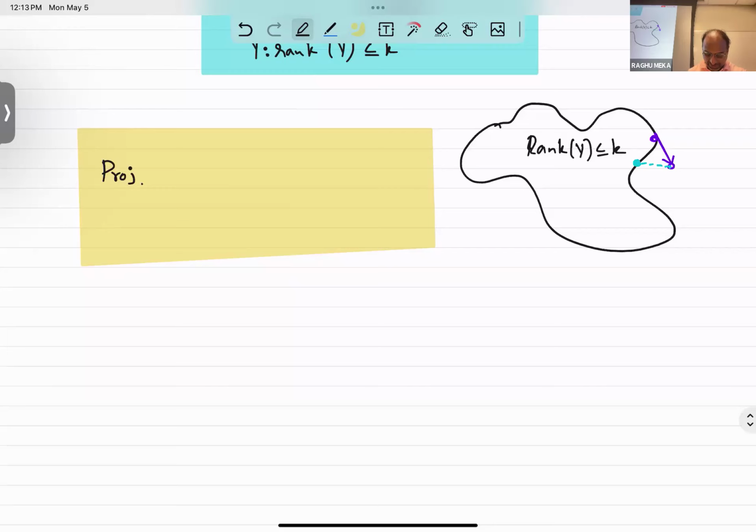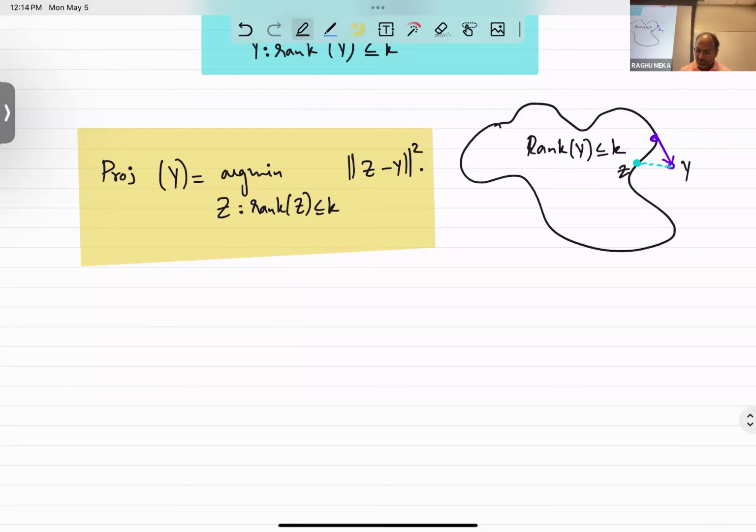For any matrix Y, I want to find the matrix which is the best low rank approximation, in the Frobenius norm.